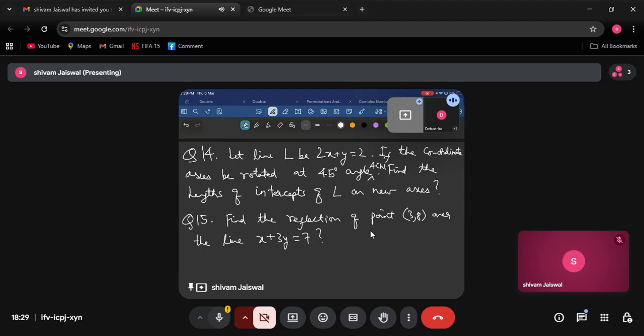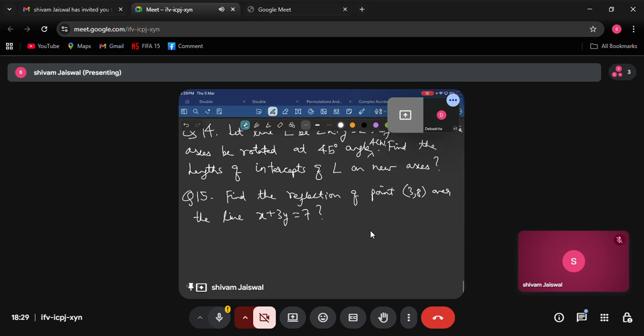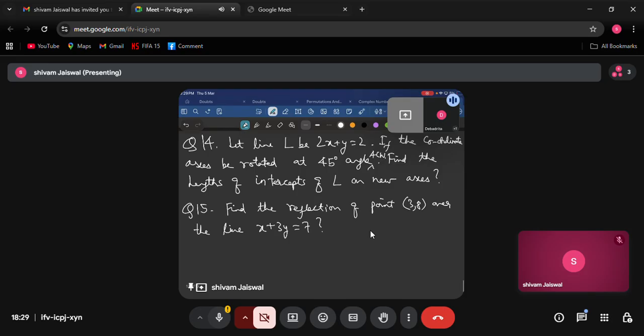Okay, I'm starting with number 14. Coordinate axis is rotated by an angle 45 degree anti-clockwise.